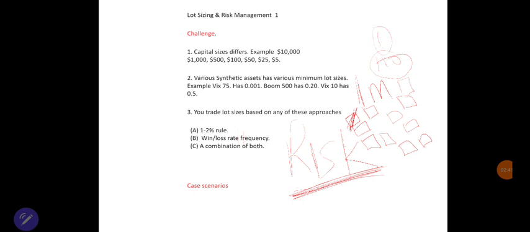So now, why is this important? It's important because capital size differs. You see people with $10,000, $1,000. But the truth is this, 90% of the people listening to me right now do not have and will not have the capacity to trade $10,000. $10,000 is 15 million naira.